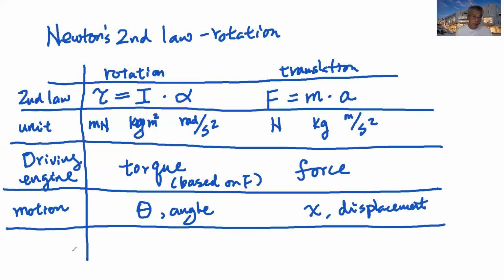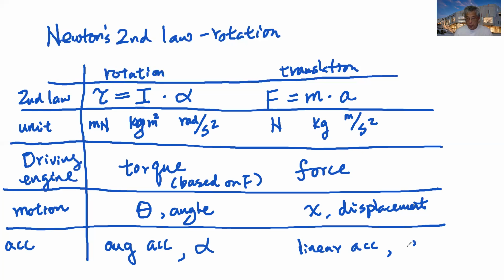And of course, in terms of acceleration, this one here is angular acceleration, which is alpha. And this one here is linear or translational acceleration, which is a. So that's just a comparison for the rotation and translation.